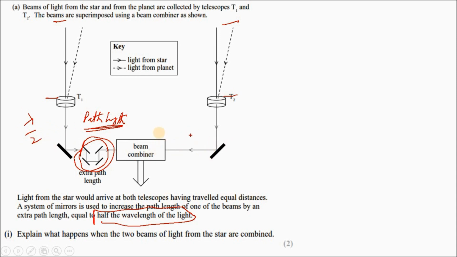So between these two waves combining, we have a path difference of lambda by 2, and this is the condition for destructive interference. That means there will be a dark spot, or no light from the star in the beam combiner or at this position. So we have a destructive interference due to path difference of lambda by 2.